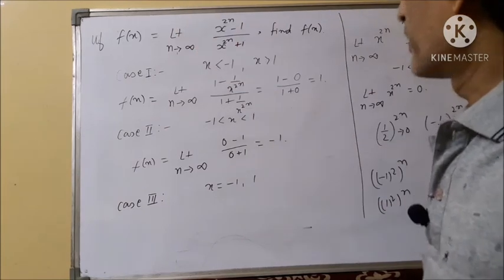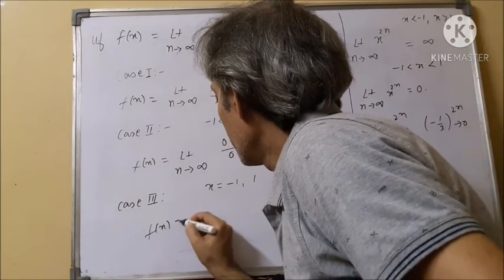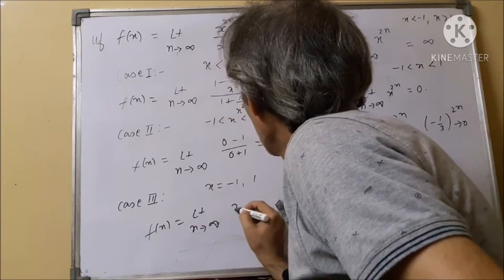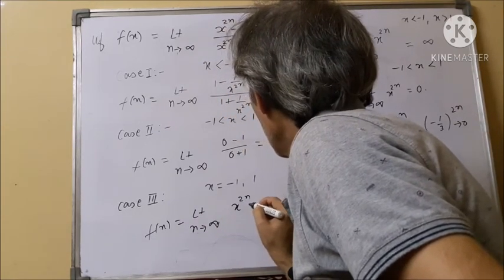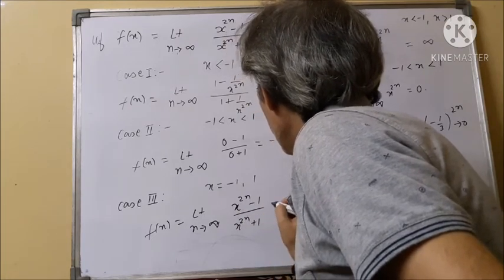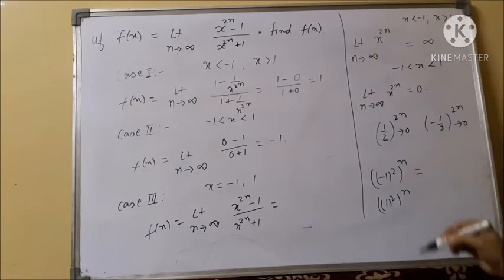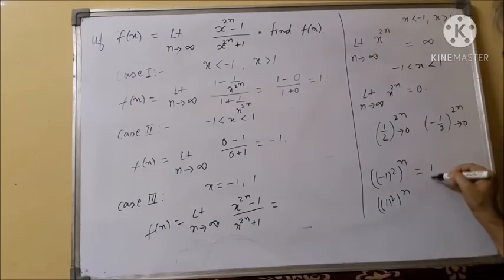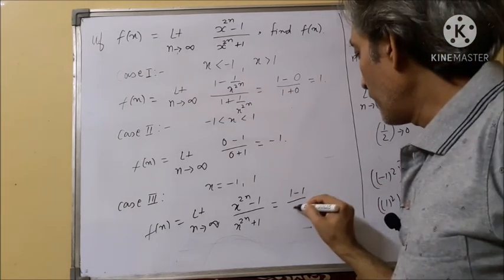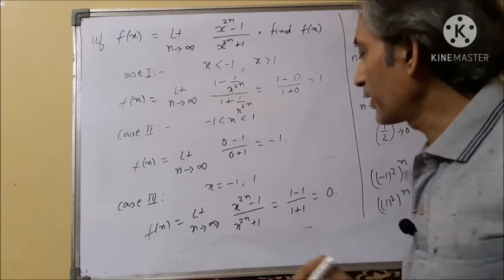So what will happen? In this case this will be equal to 1, and therefore we are getting 1 minus 1 upon 1 plus 1, so we are getting 0.